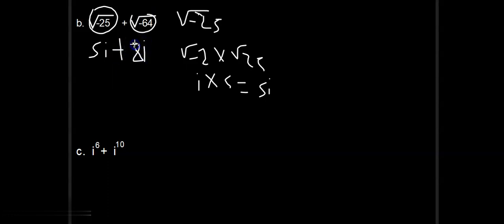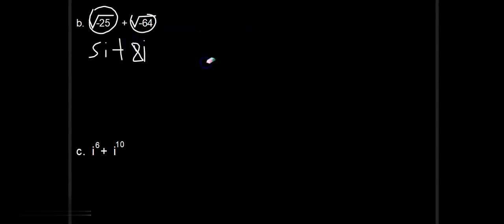So don't do the whole process, all you have to do is understand the concept. Then it will be 5i plus 8i, and my answer will be 13i, since when you add 5 plus 8, you get 13. That's my answer.